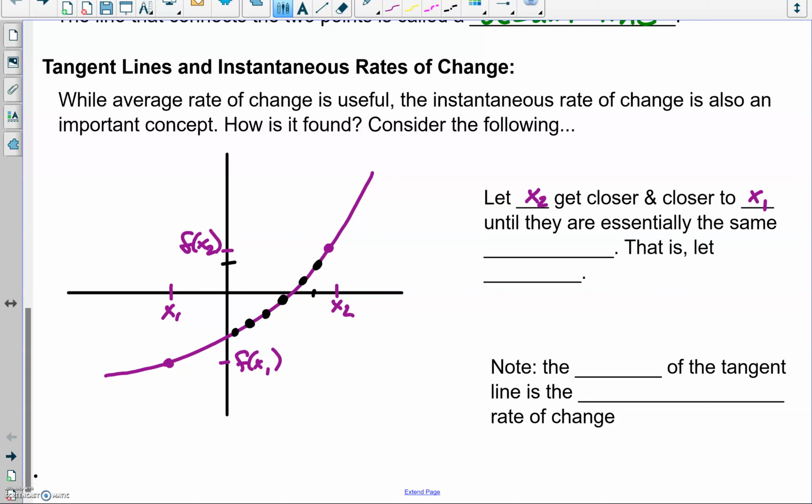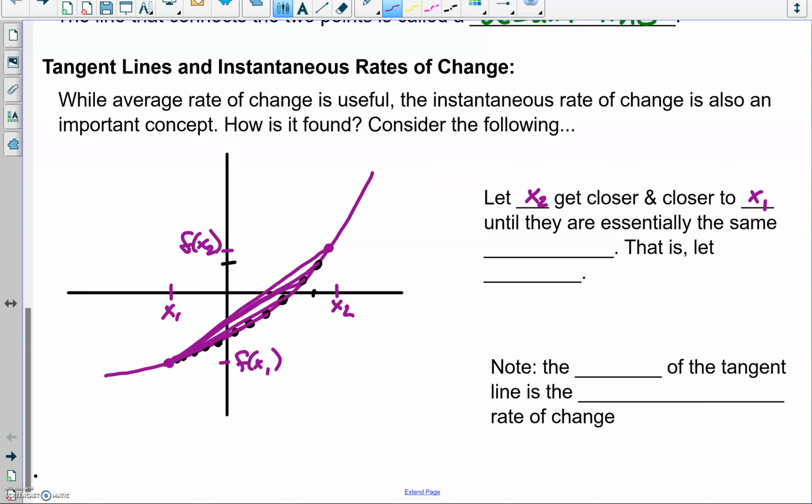I'm just going to keep letting the x2 driven point get closer and closer and closer, and this is where the limit comes in. It's basically going to get infinitely close to that x1. And all these different secant lines that you might have had, maybe started here with this secant line, and you got to this, and then this one, and then this one.